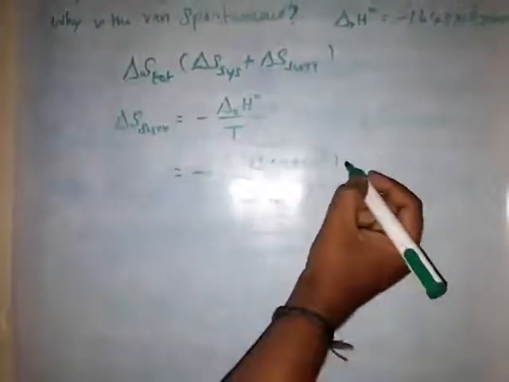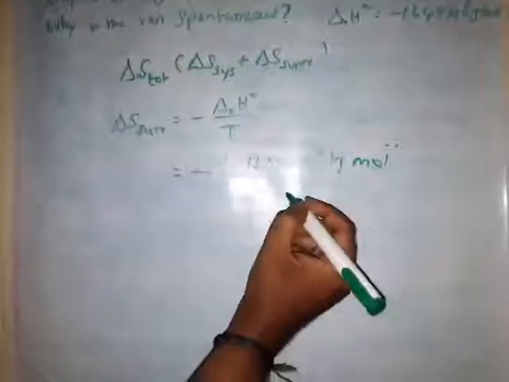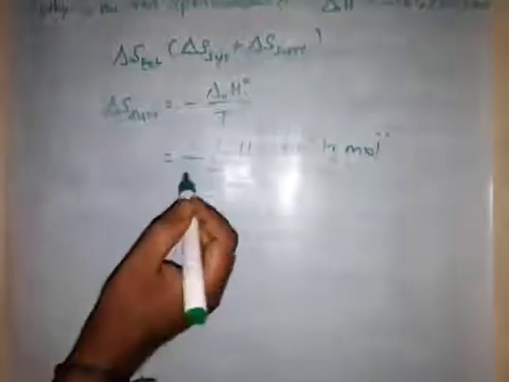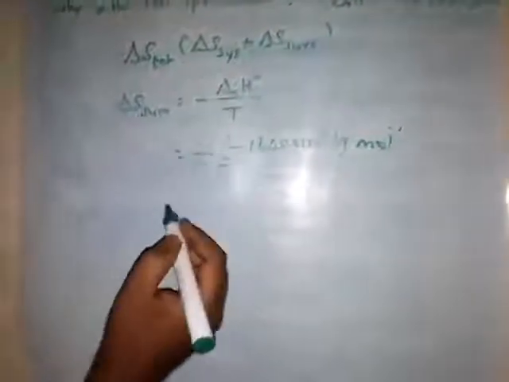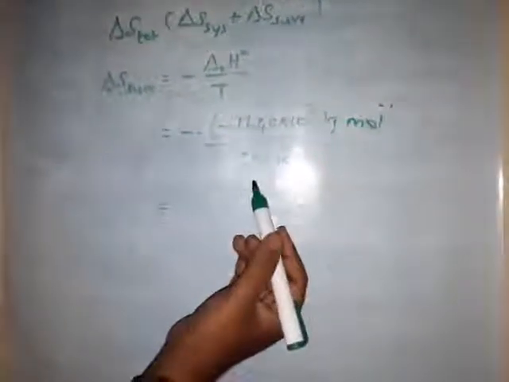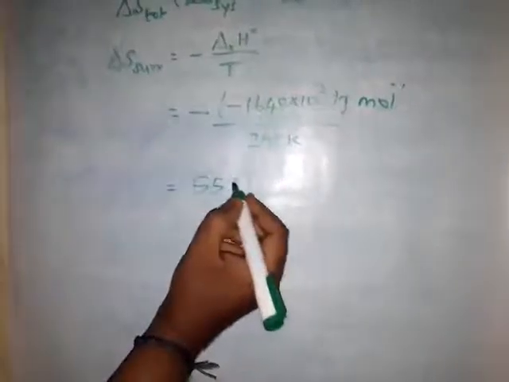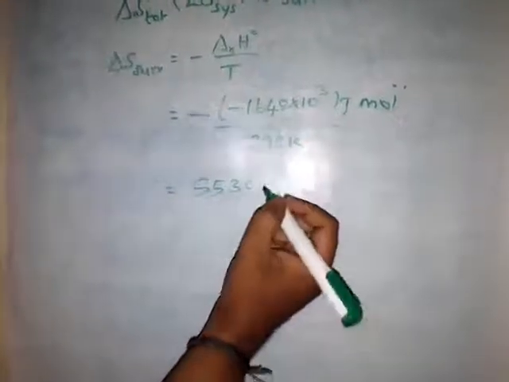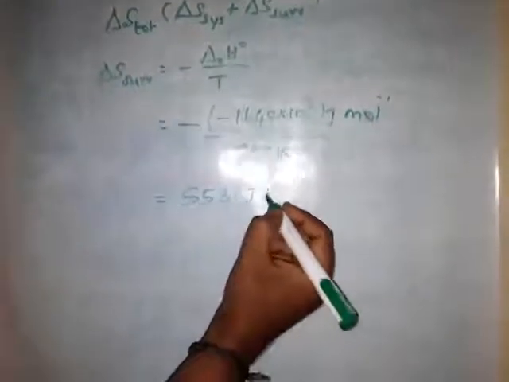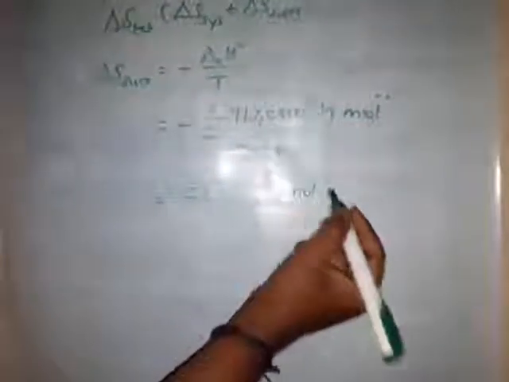The unit here is joule per mole per Kelvin. Now, minus and minus gives plus, then work out this value. You will get 5530 joule Kelvin inverse mole inverse.